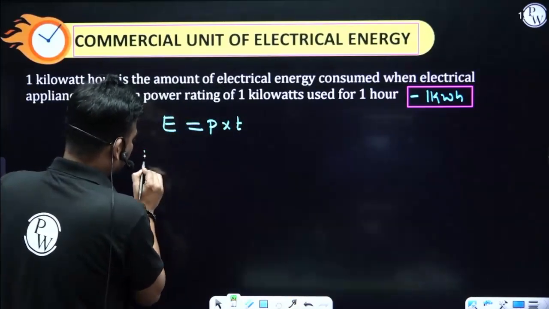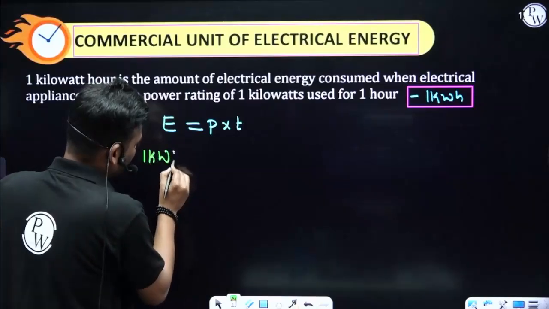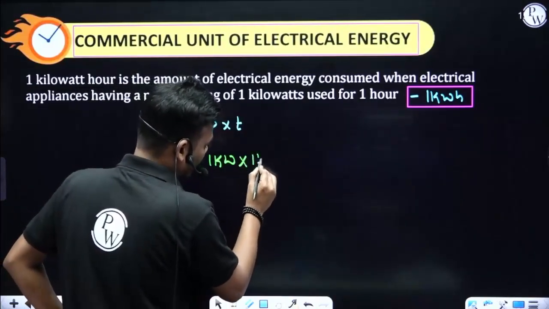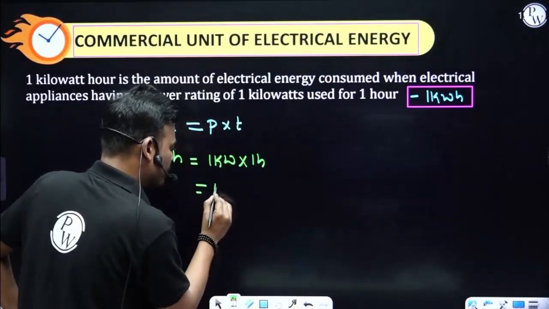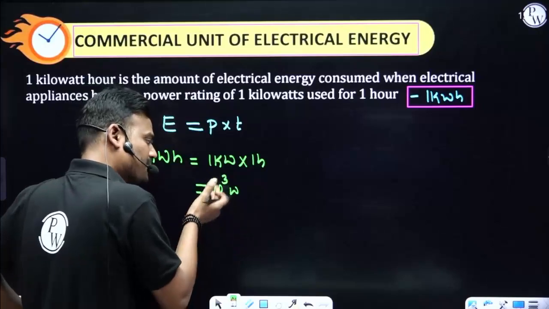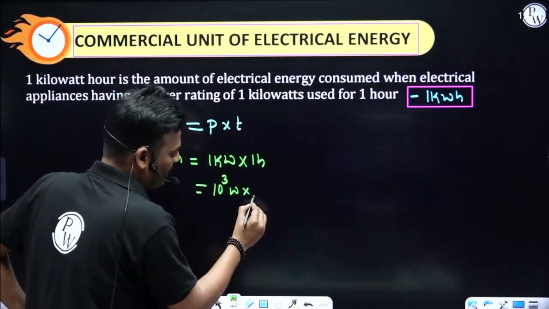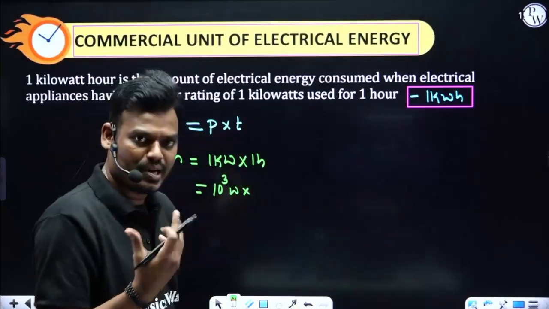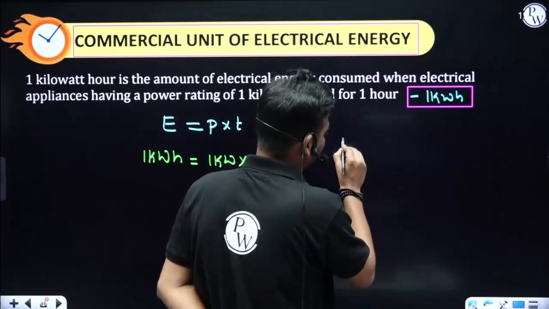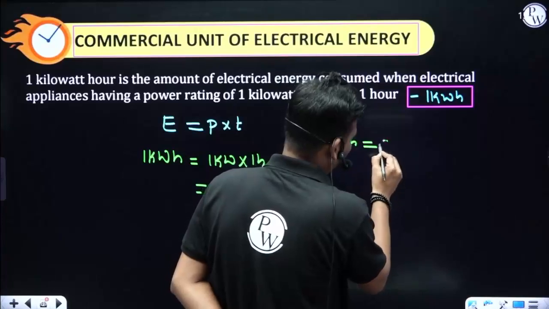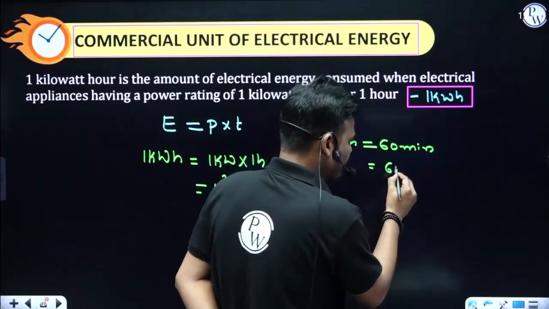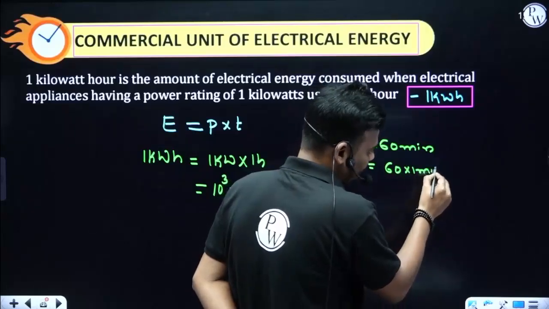Energy in terms of 1 kilowatt into 1 hour. 1 kilo means 1000, which can be written as 10 power 3 watt. What is the SI unit of power? Watt. And what about the hour? Hour is not the SI unit of time, so let's convert that. 1 hour is equal to 60 minutes, and this can be written as 60 into 1 minute.